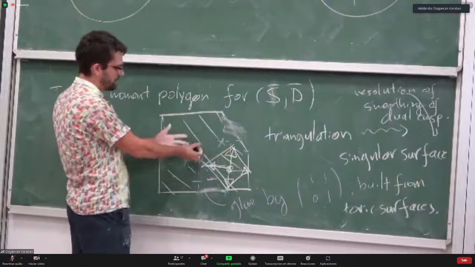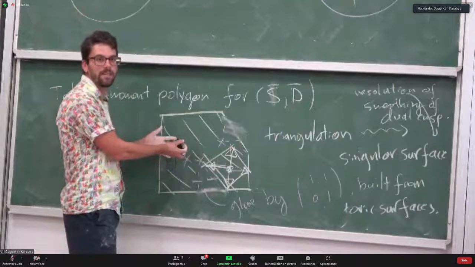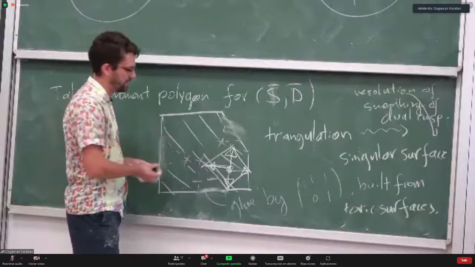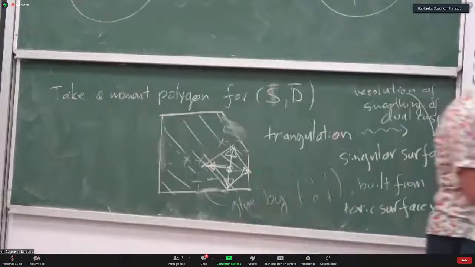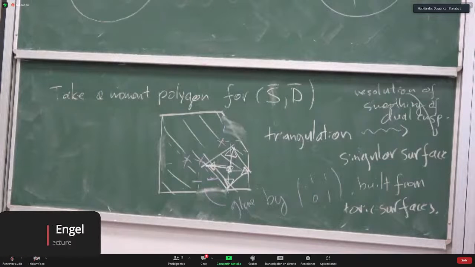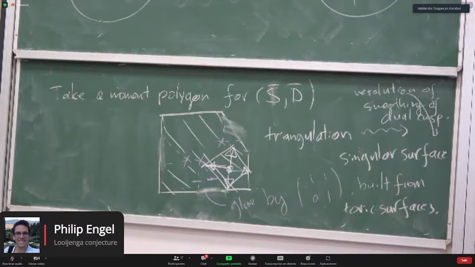And this has an interpretation in symplectic geometry as the base of a Lagrangian torus fibration. So in some sense, this is an example of mirror symmetry. Okay, so maybe I should stop there, since I'm way over. Yeah. All right.